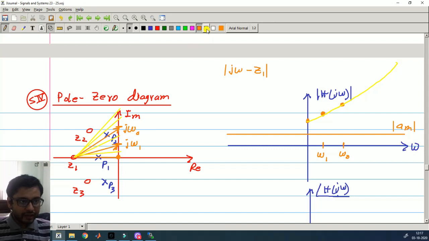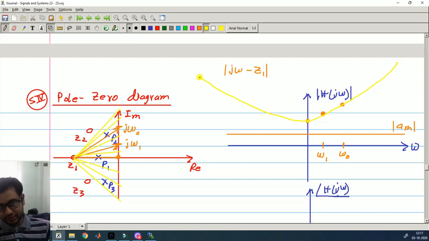In the same way, you can consider negative omega values like this, and in this diagram also you will get a magnitude response which increases towards infinity like this. So this is the diagram for j omega minus z1.